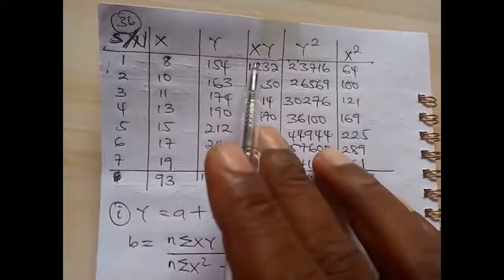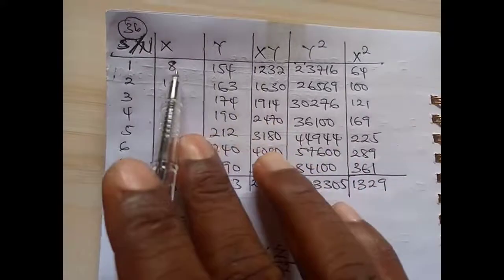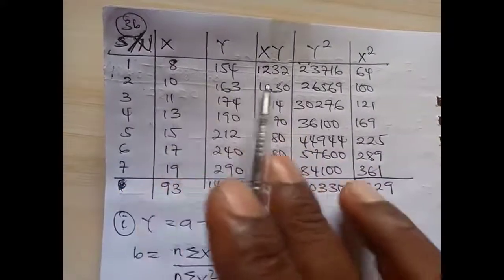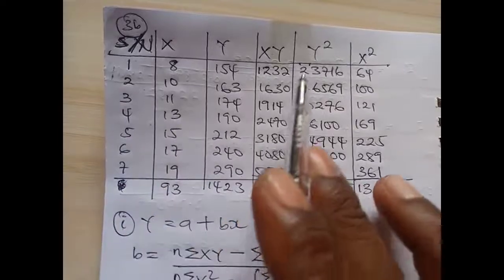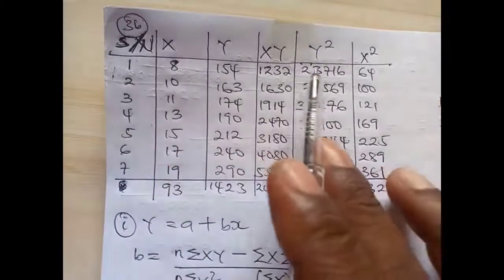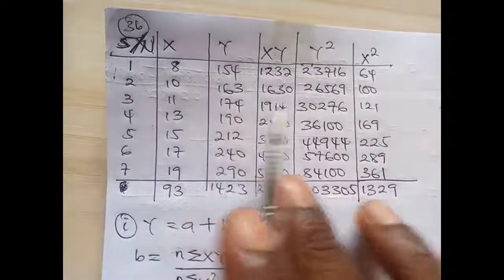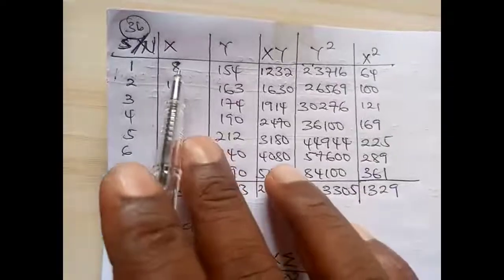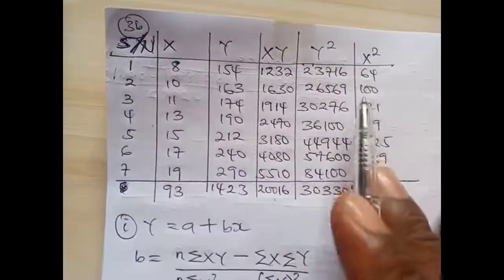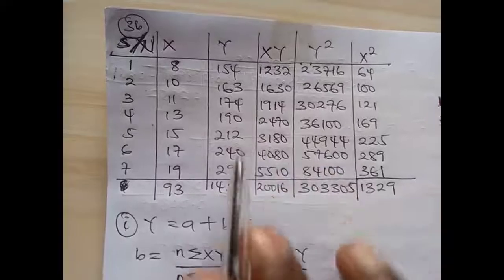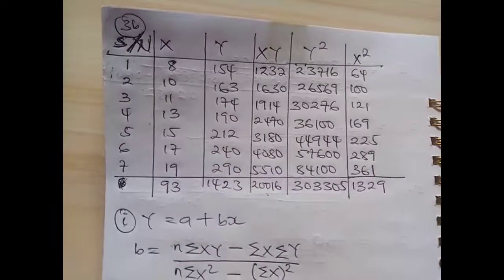So having gotten the table, for xy it means this times this gives us this, this times this gives us this, and so on. For y squared, this squared gives us this, and so on. For x squared, this squared gives us this, and we now add the total. So get back to the formula.